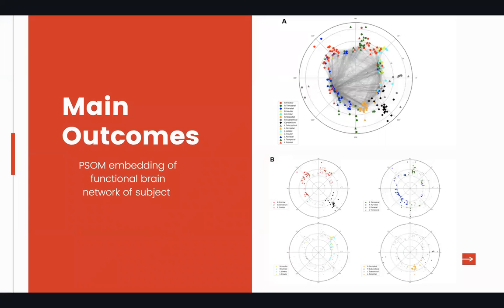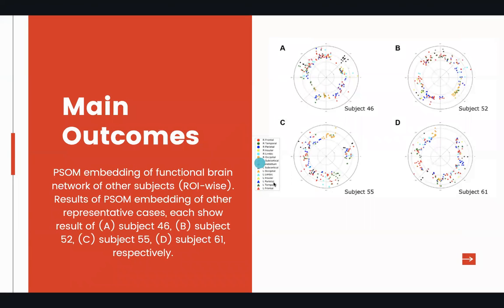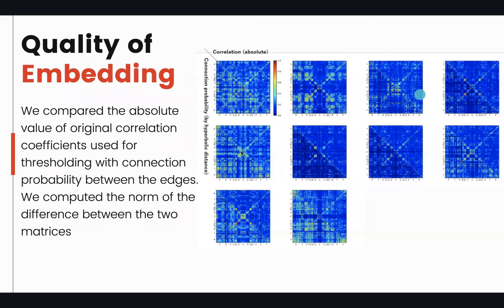So the main outcomes: I can make the classification toward the type of the disease by using the PCOM embedding of the functional brain for every subject patient. So for example, this one is for the 46 patients, for the 52 patients, for 55 and until 61 patients. For the quality of embedding, I tried to compare the absolute value of the correlations with the connection probability by hyperbolic distance like this.